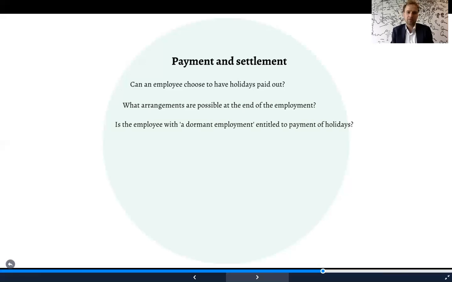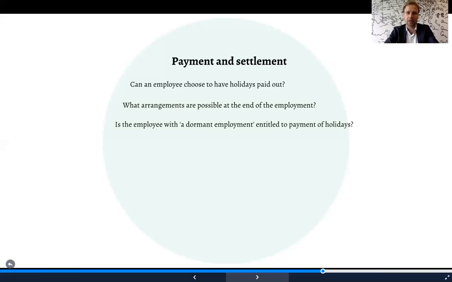In the Netherlands, we have now the situation of a dormant employment. It's a slapend dienstverband in Dutch. That is about employees who are more than 2 years sick, who are still employed, who do not perform any activities anymore.